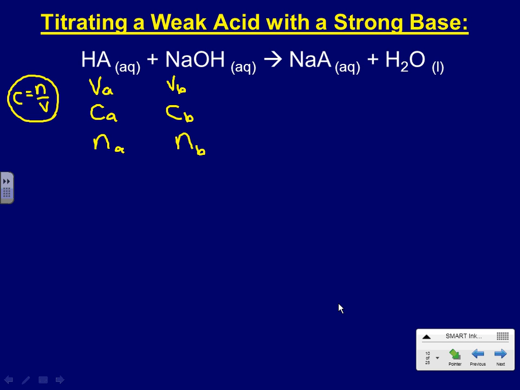So what we want to talk about now is what happens after we add some base to the acid. So after the addition of a certain volume of base to a certain volume of acid, what's going to happen? Well, there's an important thing that we need to consider here.